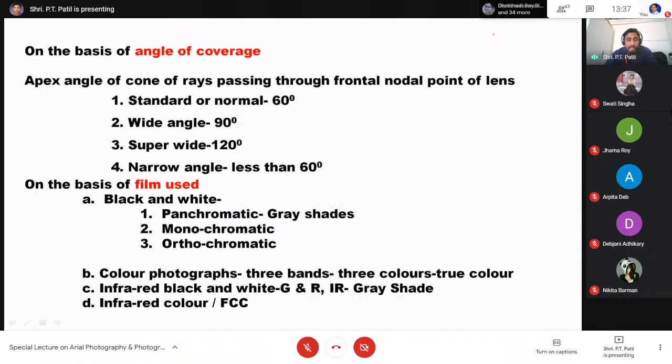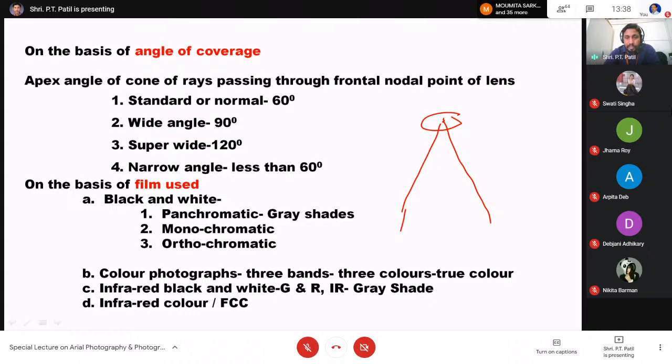Then, on the basis of the angle of coverage, whether the photograph is a standard angle or normal angle aerial photograph, that we are going to describe. So what is meant by angle of coverage? Suppose this is the lens of the camera, and we look at the cone of rays passing through the frontal nodal point of that particular lens. The frontal nodal point is here. From that point, the rays of the optical source, whichever it is, either the flash or the camera's own source, have their own angle.